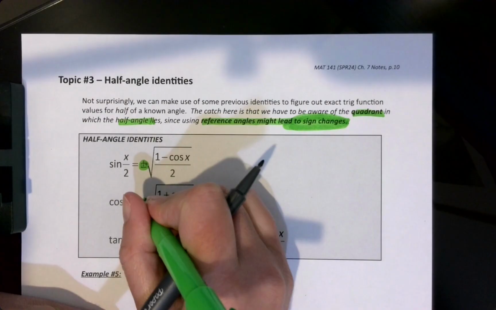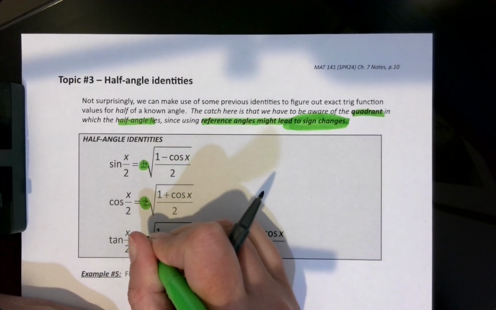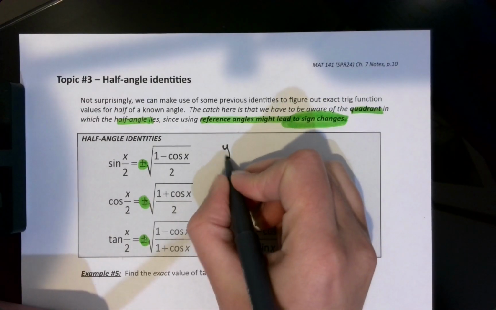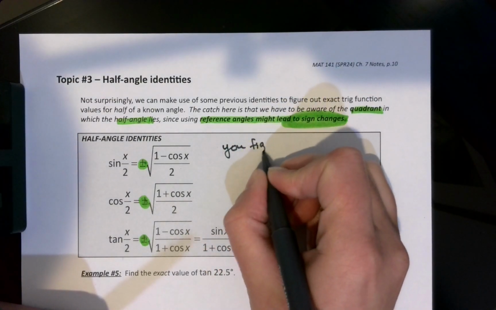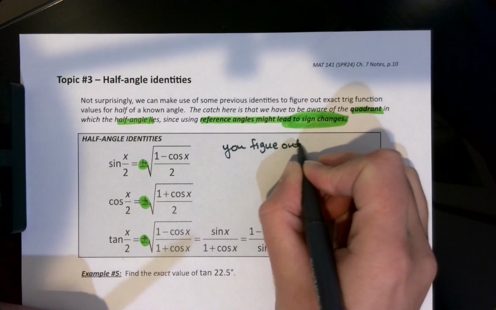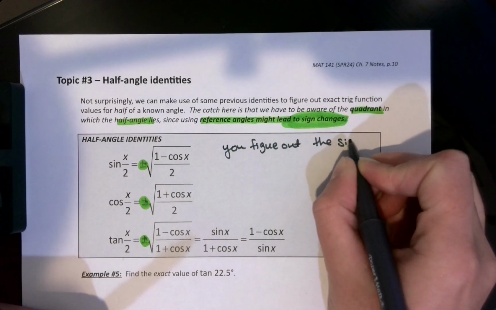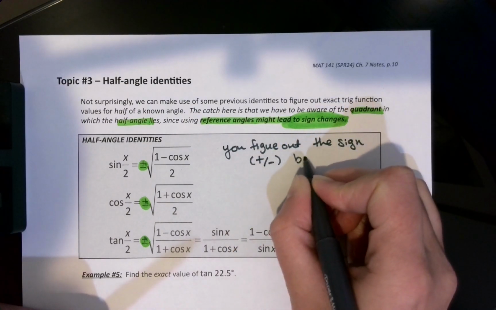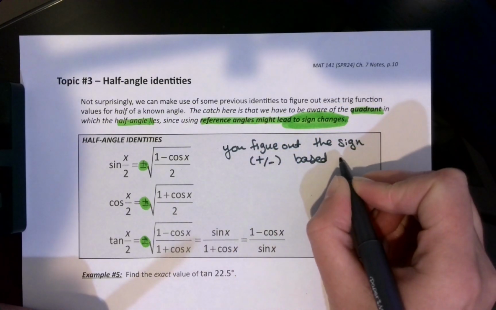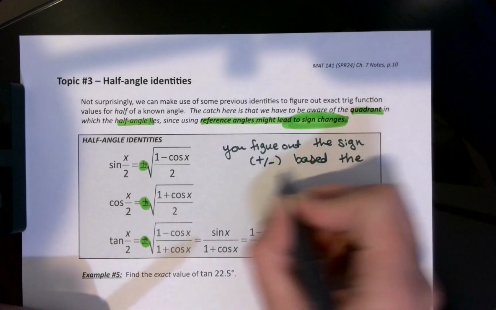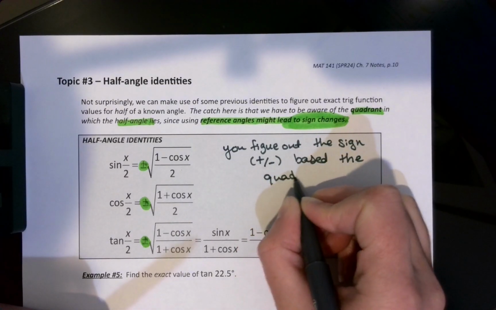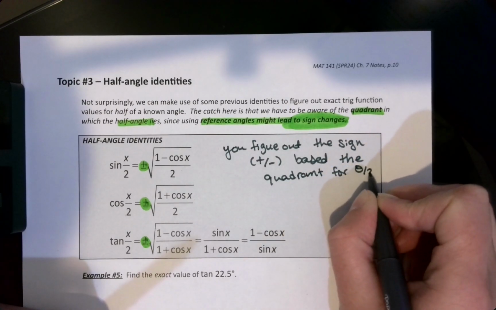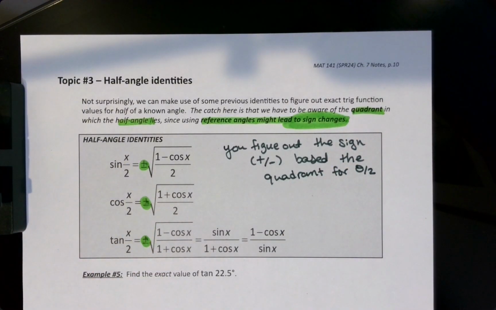So you figure out the sign, plus or minus, based on the angle's quadrant for x over 2 or theta over 2.